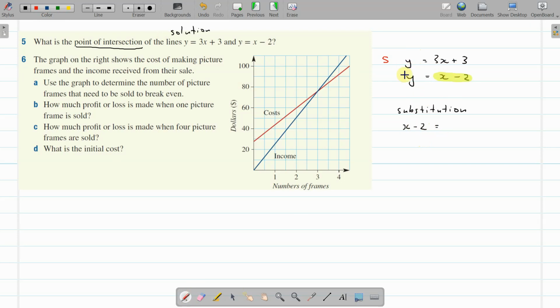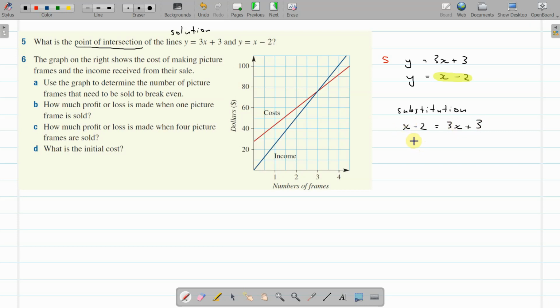So I'm going to put x minus 2 there instead of y equals, and then the original 3x plus 3. And then I'm going to isolate the x's on the left. Actually, what I'm going to do is I'm going to move the x over here because that's probably going to be easier.